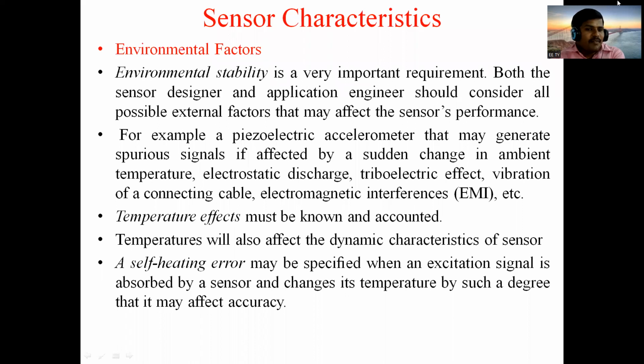For example, a piezoelectric accelerometer may generate a spurious signal if affected by a sudden change in ambient temperature. See, a piezoelectric accelerometer senses acceleration, right? Or the accelerometer in a vehicle. So this gives a spurious signal. That means it will lose its stability if there is a change in temperature.